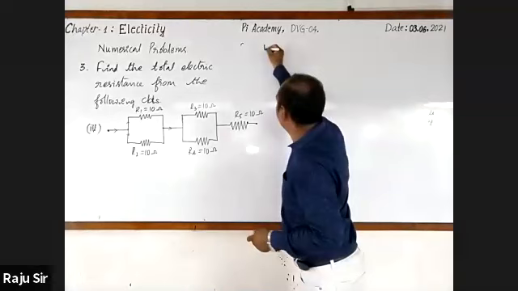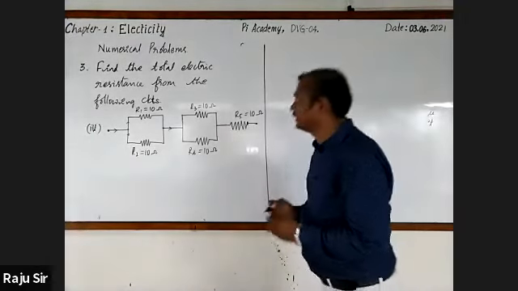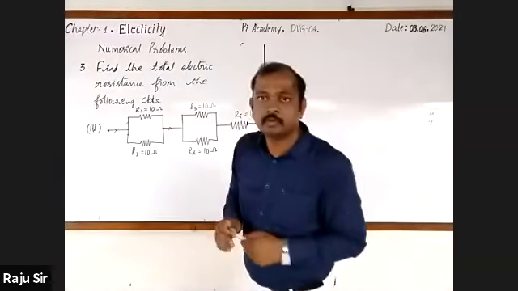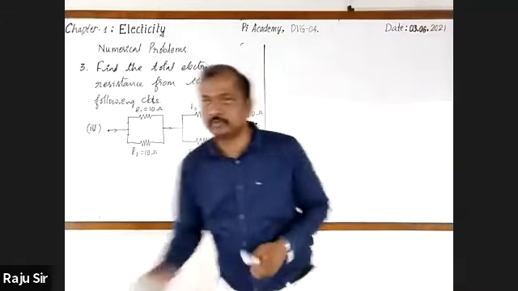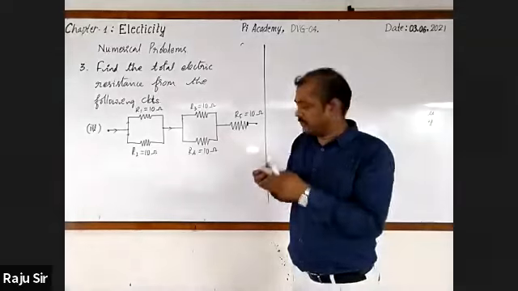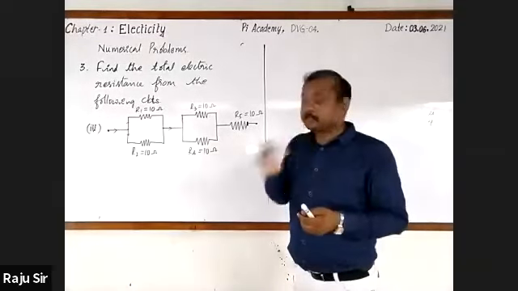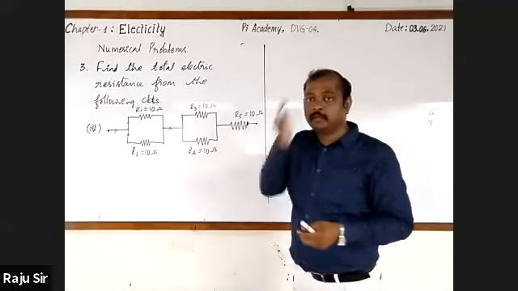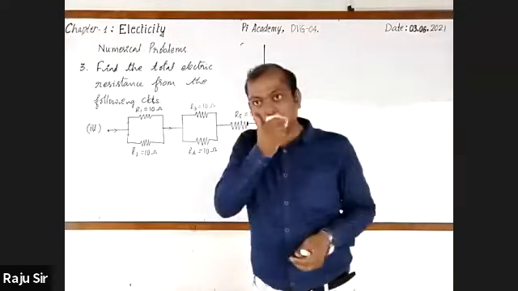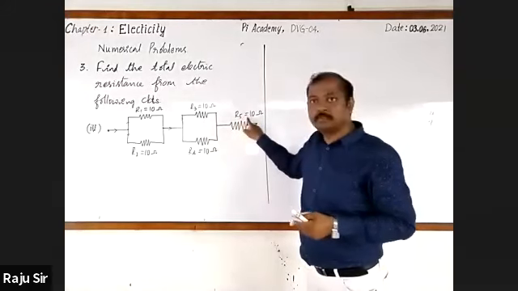Students suggest 20 ohm, 30 ohm. The answer should be more than 10 ohm only, because already 10 ohm is there in series.